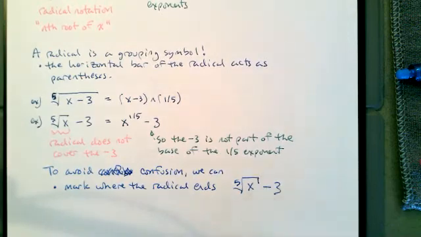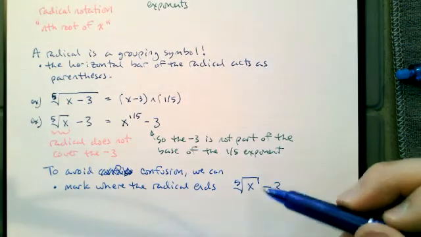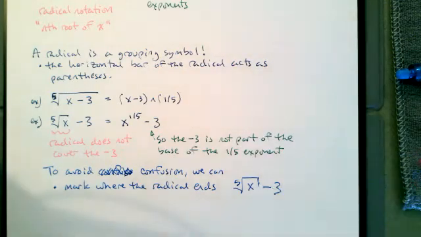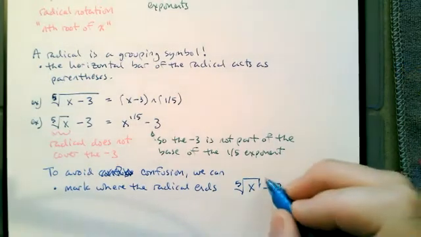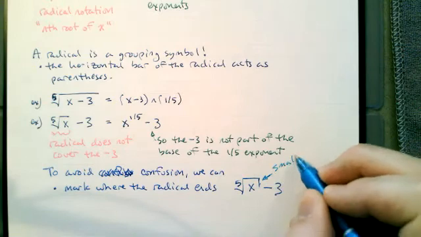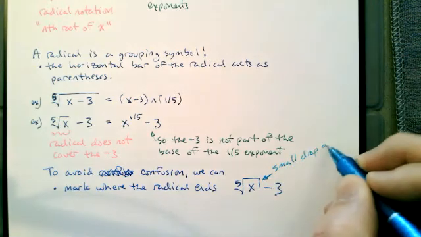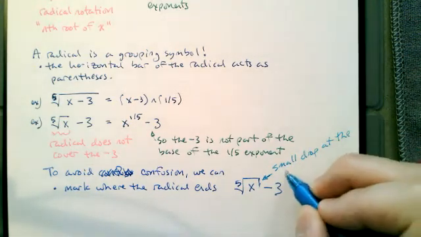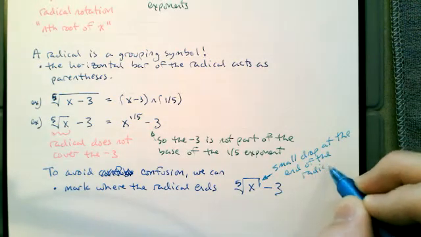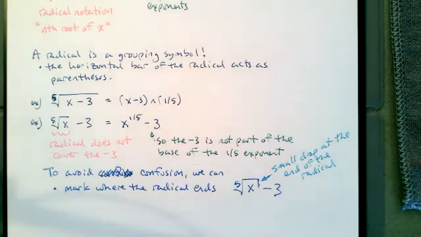So sometimes you'll see a little drop at the end, not all the way down, but just a little drop at the end. And that says this is the end of the radical. So sometimes you'll see a small drop at the end of the radical to indicate where the radical ends.